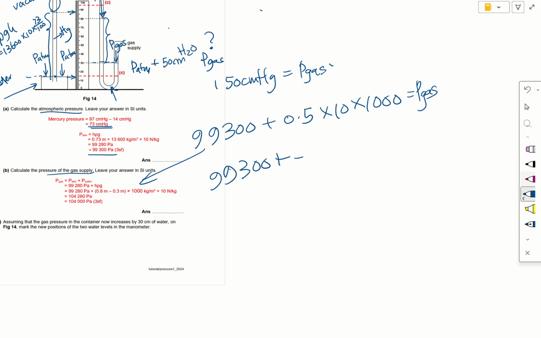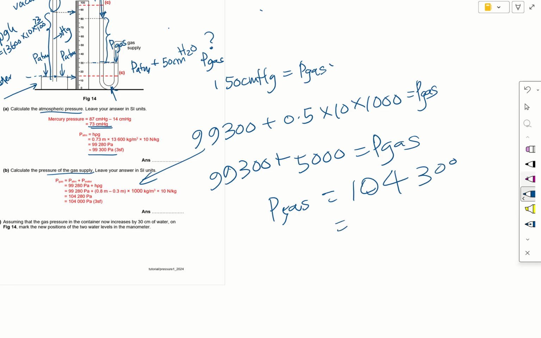This will be 5,000 equals P gas. So my final answer will be 99,300 plus 5,000 equals 104,300. In the end, it works out to be 104,000 Pascal in 3SF. So it's the same as this.